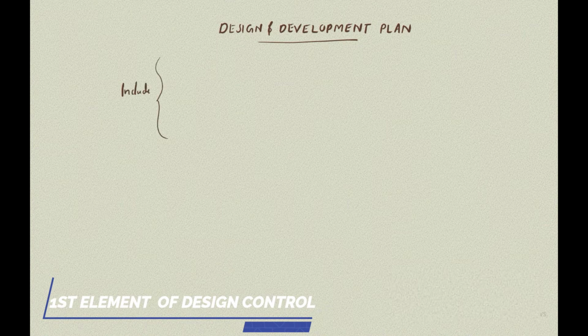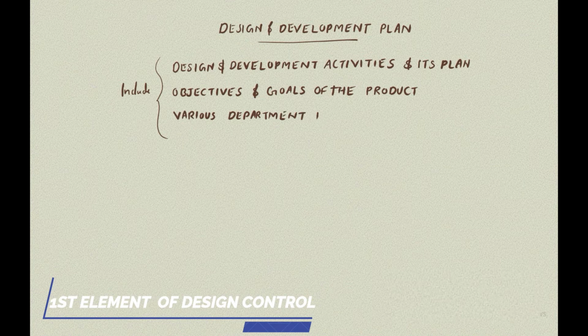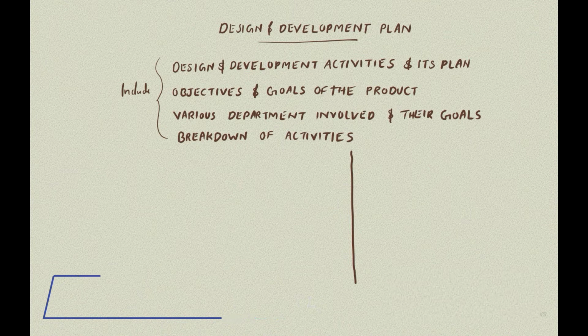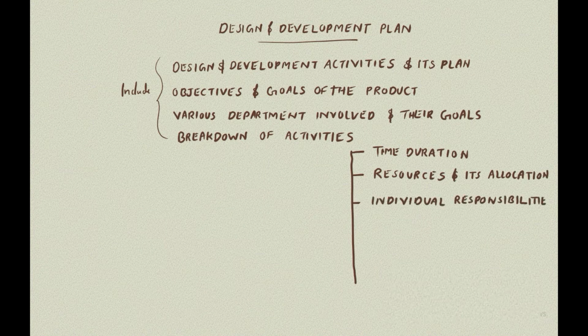I have listed here a few of the mandatory contents which should be a part of the design and development plan. A few of them are the design and development activities and their detailed plan, the objectives and goals of the product, the information on the various departments involved in the design and their roles, the breakdown of activities, other sub activities, the time duration, the resources and their allocation, the individual responsibilities, the criteria for fulfilling each task, and the team collaboration details.